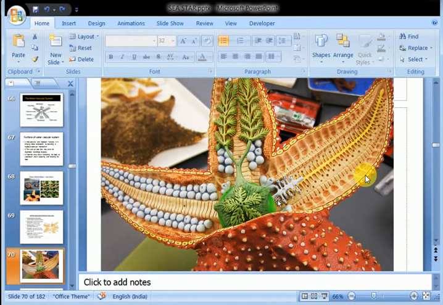You can see here how they are arranged. Alternately they are long and short, short and long, like that, right? So these are the lateral canals that lead into these tube feet. So this is the structure you can see.